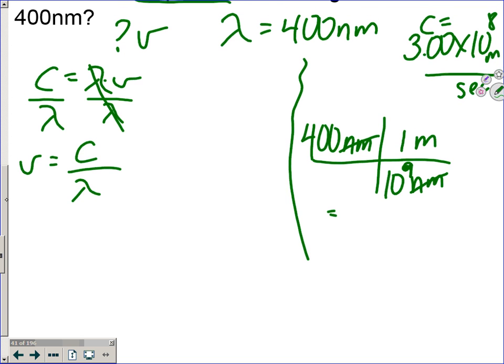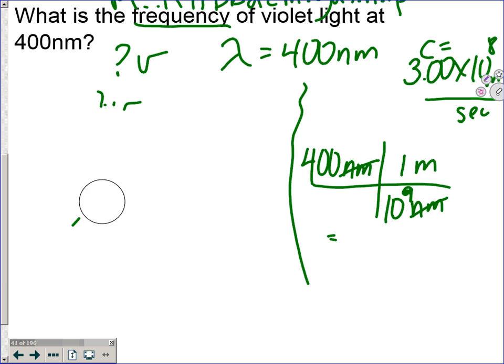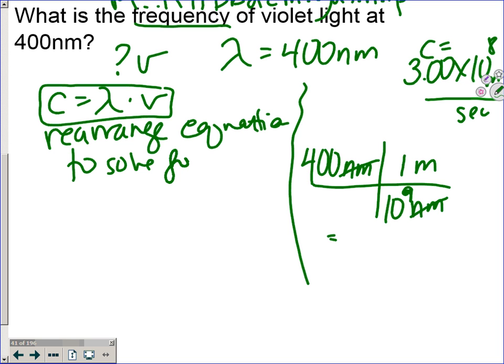Question? You lost me on the left. Over here. So all you did, let me erase this. All you're doing over here on the left was you took your basic equation, the speed of light is equal to frequency times wavelength, and we rearranged the equation to solve for V. So how do we do that?